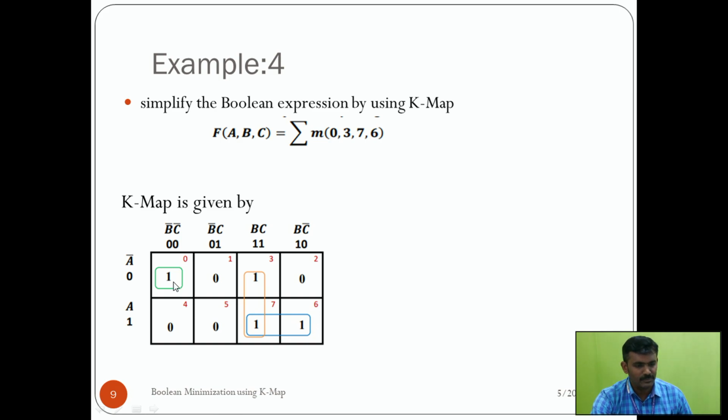What about minterm 0? Minterm 0 is adjacent to either 1, 4 or 2. Clear? These 3 cells are the only ones adjacent to minterm 0, but minterm 2, minterm 1 and minterm 4 are 0.